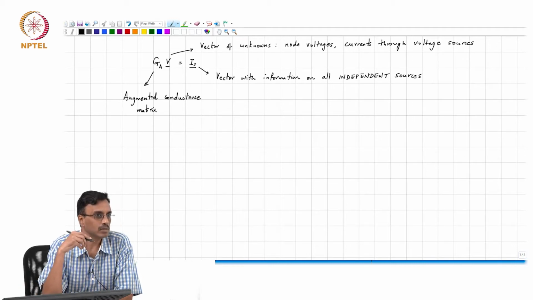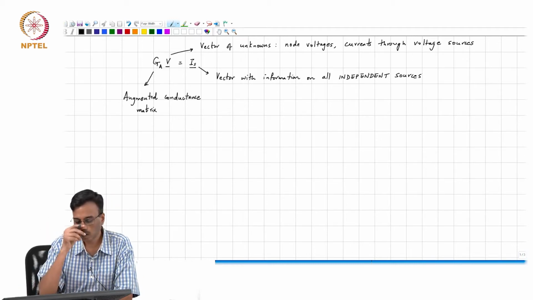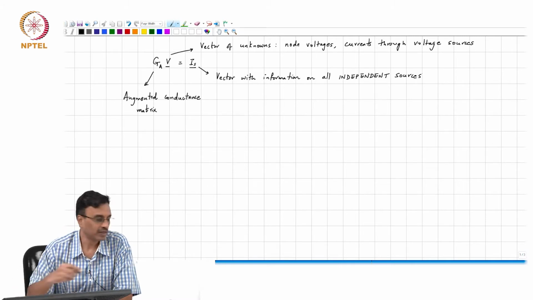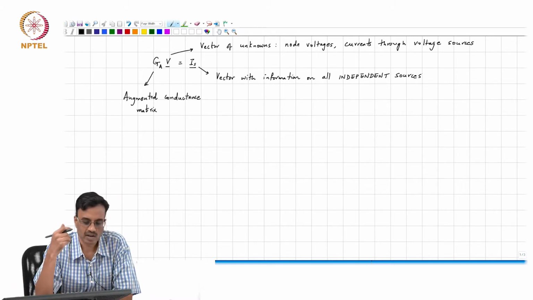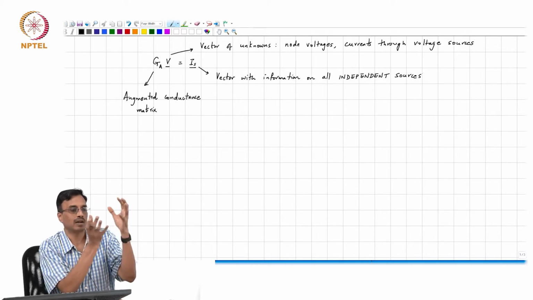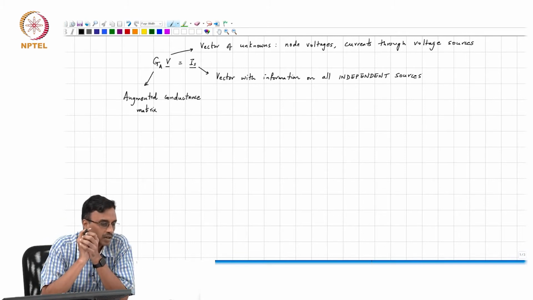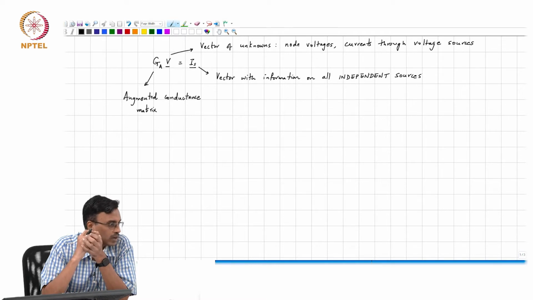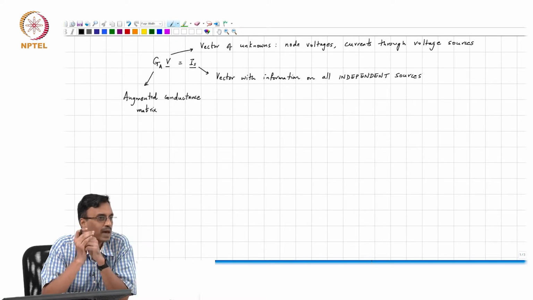Does it make sense? Even though this is called the conductance matrix, as we saw yesterday, not all the entries need to have dimensions of conductance. It's only the core part on the top left corner which will have all the conductances that are there in the network. If you had voltage sources and so on, some of those entries may actually be dimensionless.